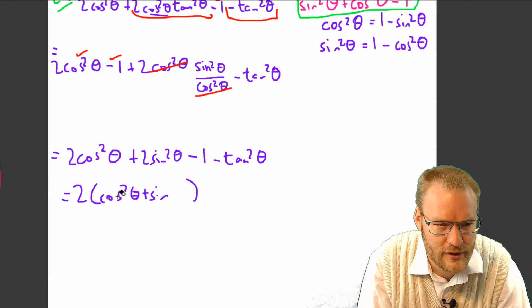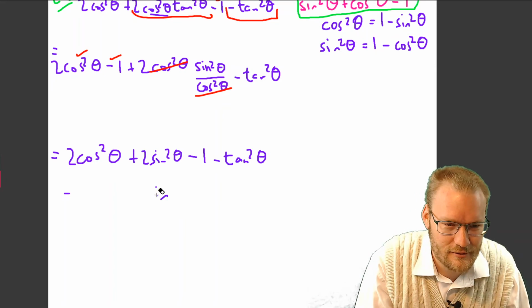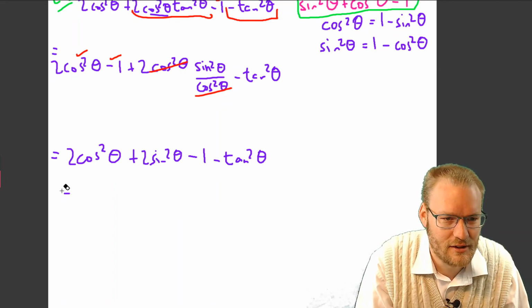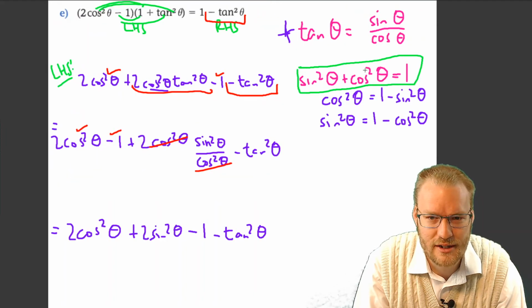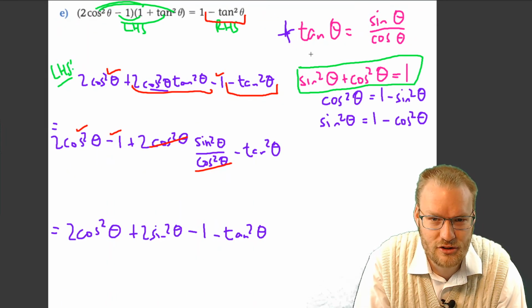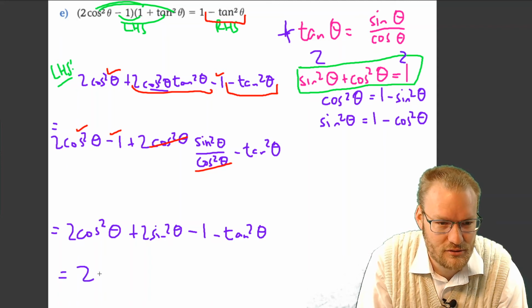I'm going to remove that. I feel like it's made it more confusing. Let's just look at it. Forget factorizing just some of it. Sine squared theta plus cos squared theta is 1. So if you've got two of these, then it's 2. Minus 1 minus tan squared theta.